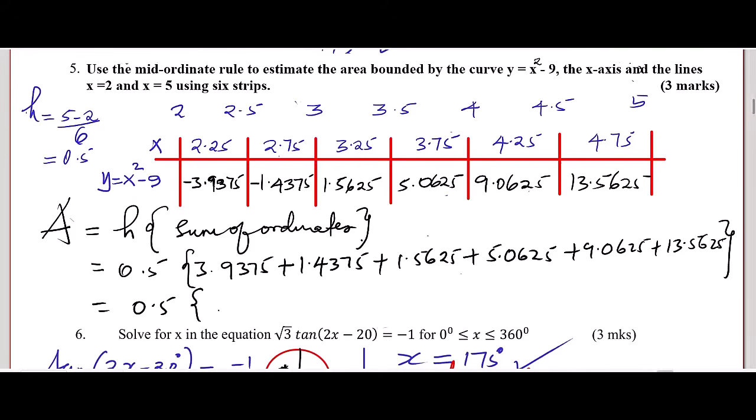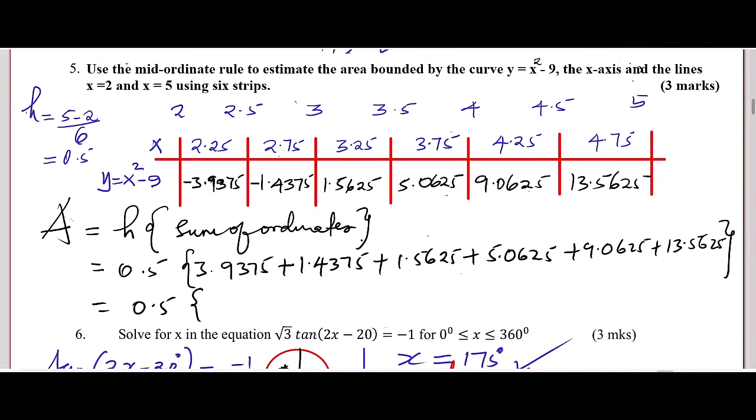So we add these. 3.9375 plus 1.4375 plus 1.5625 plus 5.0625 plus 9.0625 plus 13.5625.